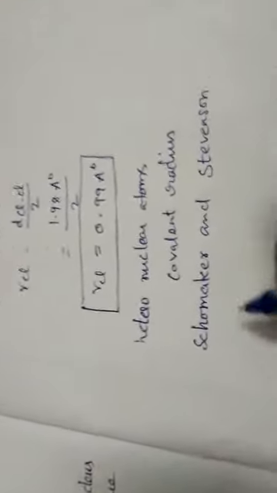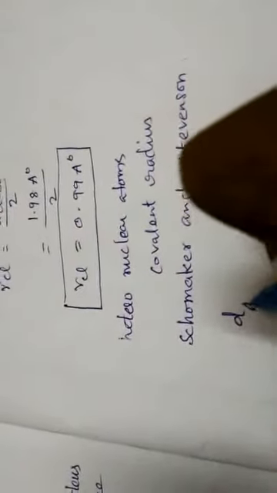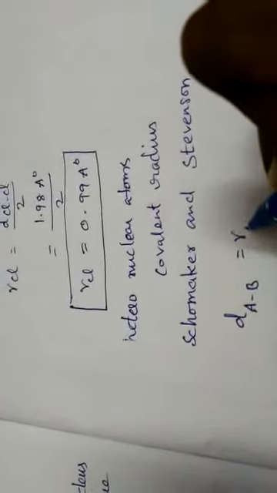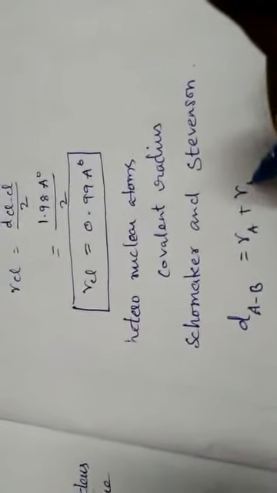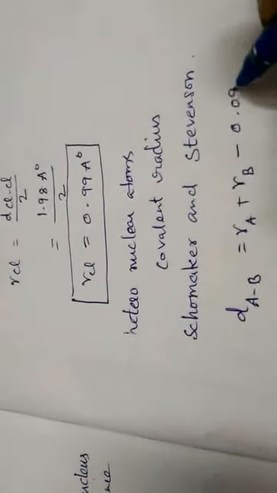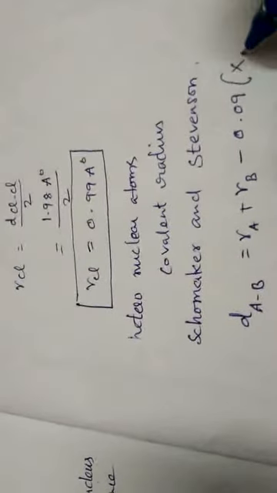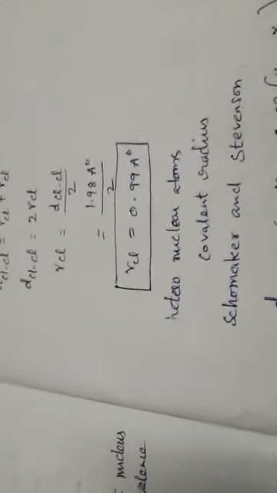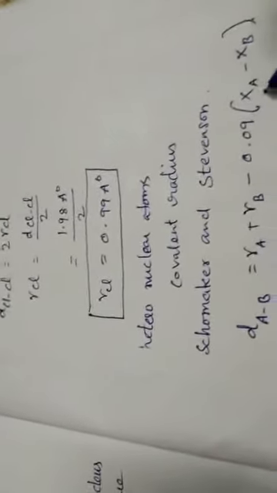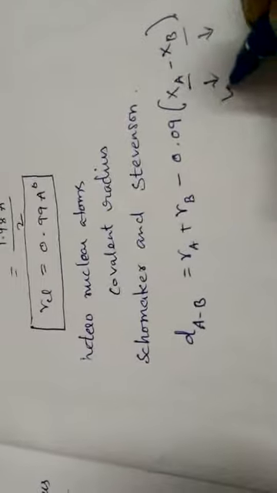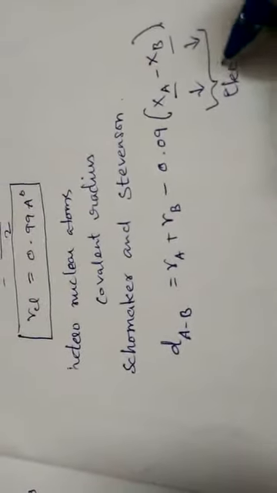They proposed one formula. Distance of A-B equal to radius of A plus radius of B minus 0.09 into XA minus XB. XA, XB, what is meant? Electronegativity. XA, XB means electronegativity.